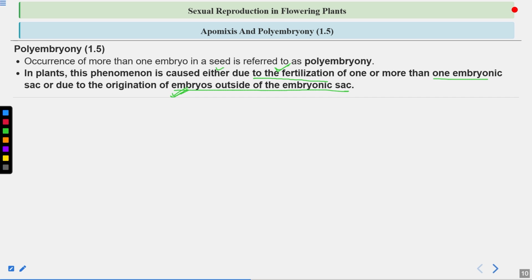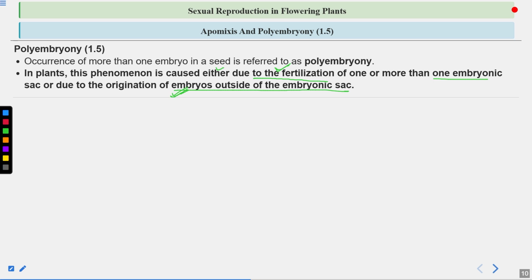Nucellar cells. Nucellar cells are here involved in the formation of embryo without sexual reproduction. And inside the embryo sac, what is present? Egg. The egg gets fertilized and it will produce the embryo. So there will be two types of embryo.